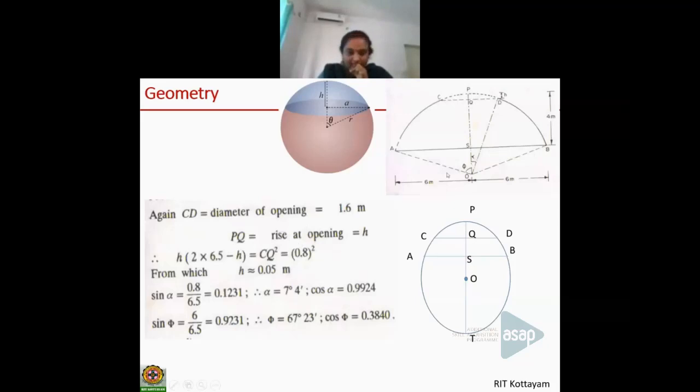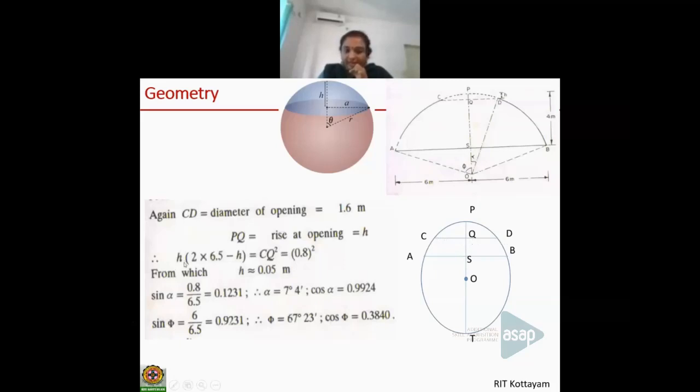Applying the same method: PT is 2R, and R we know now, so TQ into PQ is equal to CQ into DQ, right?